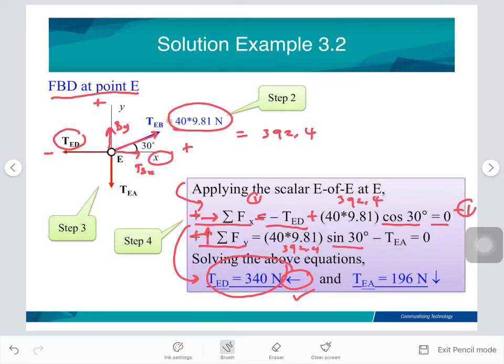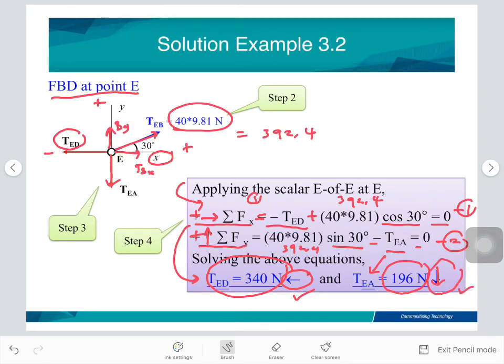What else? We have TA, and TA is negative here, so it becomes negative, equal to 0. This is the second equation. You can straightforwardly solve TEA is equal to 196. It is also positive, so the assumption is correct.